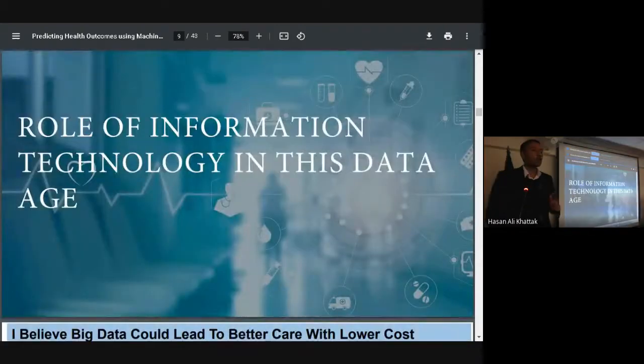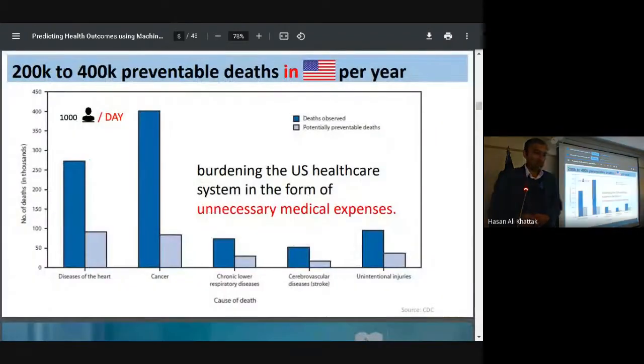Here comes the role of information technology in this data age, how we can use machine learning and deep learning to predict early heart failure, to predict early respiratory illnesses. COVID is just one example of respiratory illness, and there are several others like influenza, and also chronic lung, liver, and blood diseases.